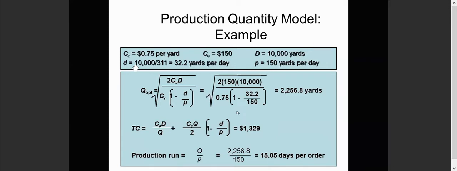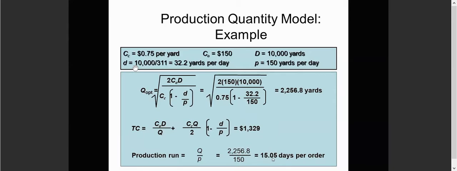A company manufacturer can use the information to set the batch size quantity to be used in the production process. So the period of the production run is Q, the optimum batch size, divided by the daily production rate: 2256.8 divided by 150.